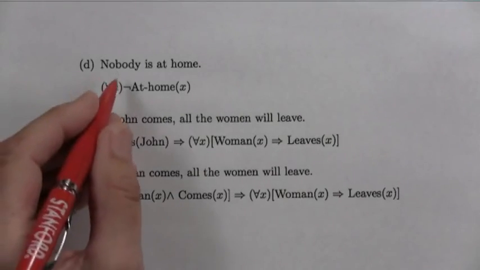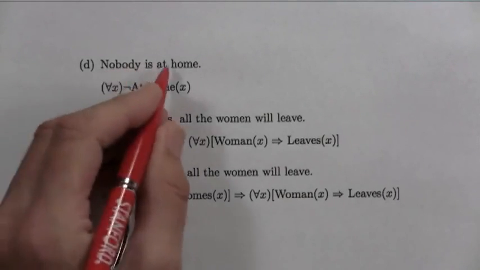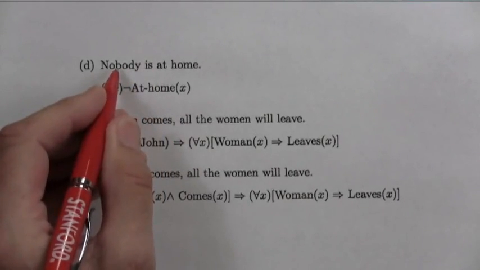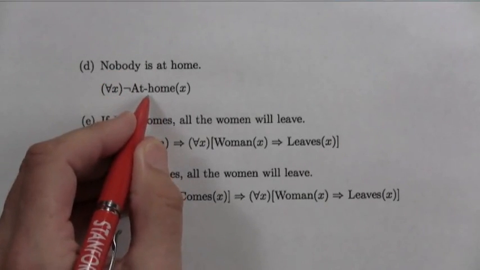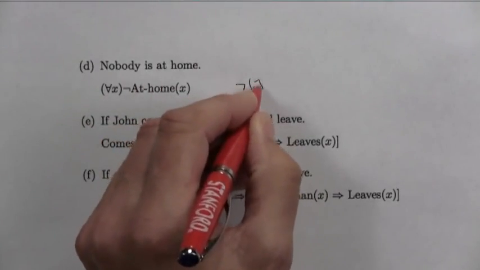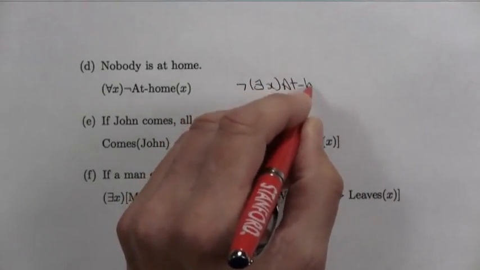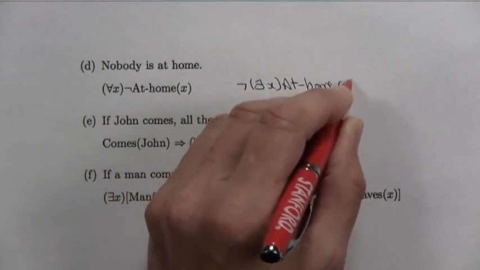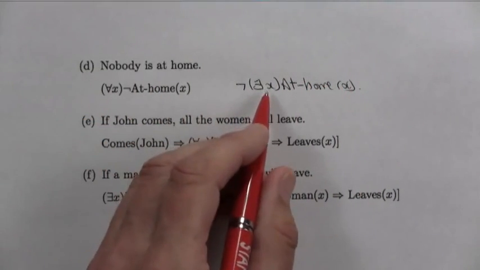Well, for nobody at home, I took it as a sort of universal quantification, if you like. I read this as for every person X, X is not at home. You might have gone a different way. You might have said it's not the case that there is an X such that at home X. Okay, that would be fine.